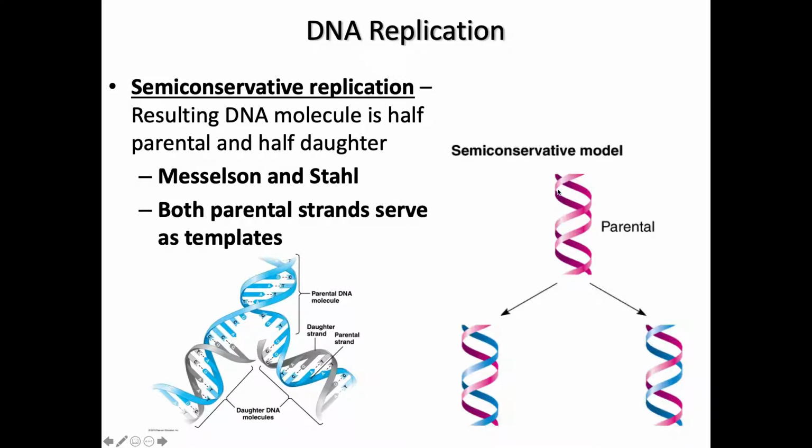You have these 2 parental strands that make up the DNA molecule, and then they will disconnect, and one parental strand will serve as a template to make a new daughter strand, and this will be one new DNA molecule, whereas the other parental strand will serve as a template strand to make the new daughter strand for another DNA molecule.